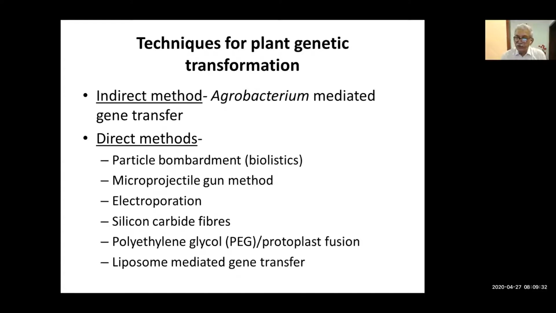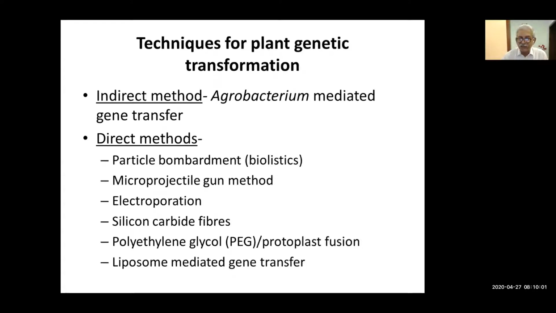One of them is called the indirect method, which is based on agrobacterium mediated transformation. We will study that in detail, and later we will go to the other methods, which are mechanical methods or direct methods of transformation. So you will be capable of differentiating between the indirect and direct methods in the coming part of the lecture.